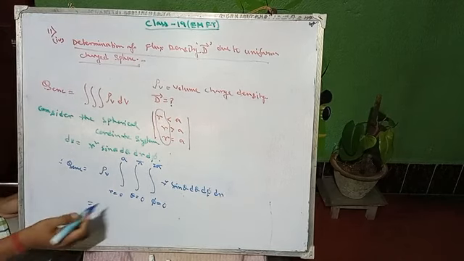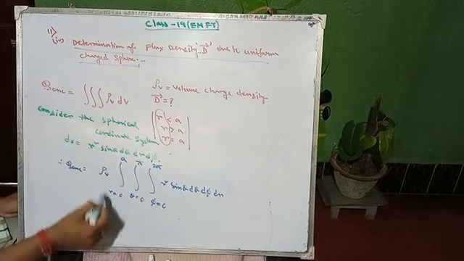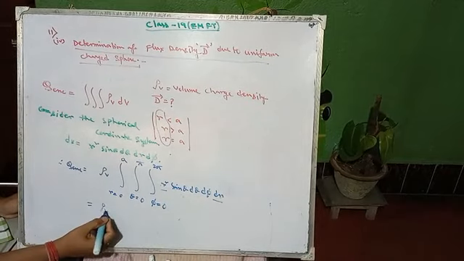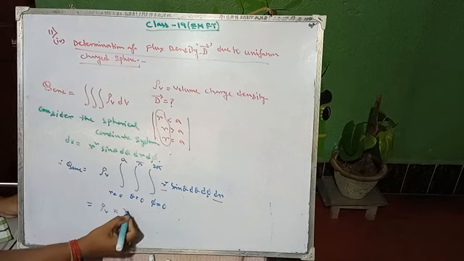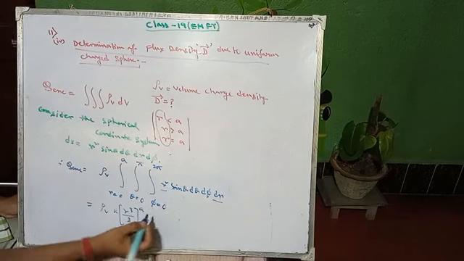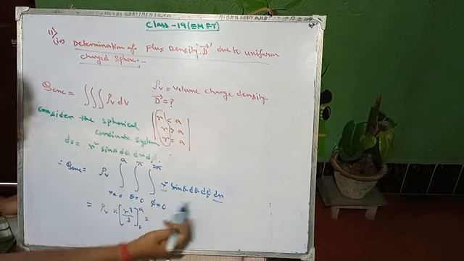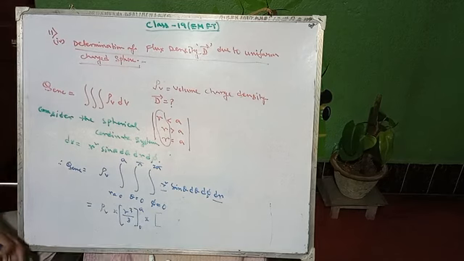Okay, so first integrate r square dr within this limit. Your answer will be rho v into r cube by 3, with limit 0 to a, multiplied with theta from 0 to pi, the integral of sin theta d theta. What is the integration of sin theta?